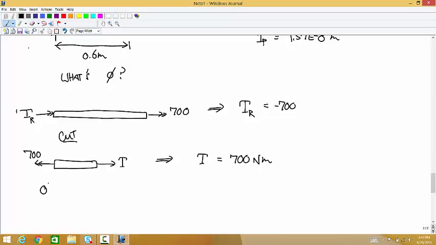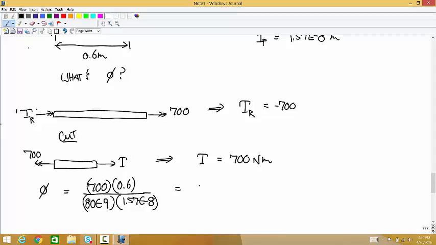And then the angle of twist is 700 times 0.6 divided by 80 times 10 to the 9th and the polar moment of inertia, 1.57 times 10 to the minus 8.